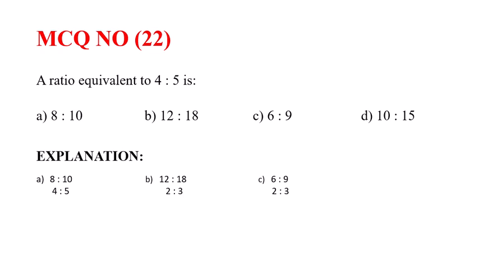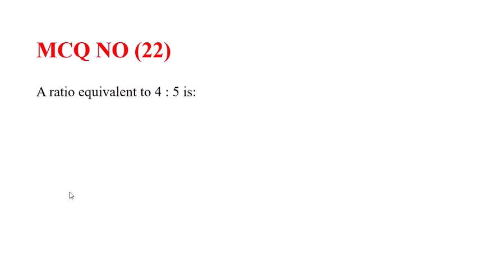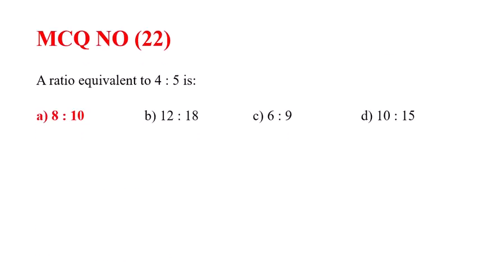Option C is 6:9. Divide by 3, we get 2:3, and option D is 10:15. Divide by 5, we get 2:3. So options B, C and D have the same value, except one, which is A. So the final answer is option A, which is correct, 8:10.